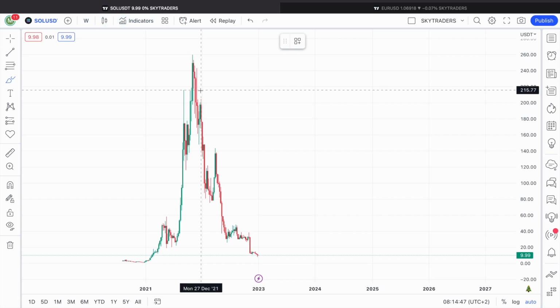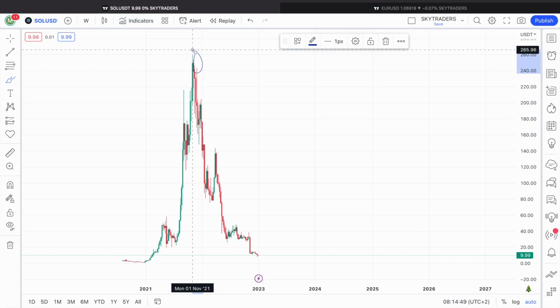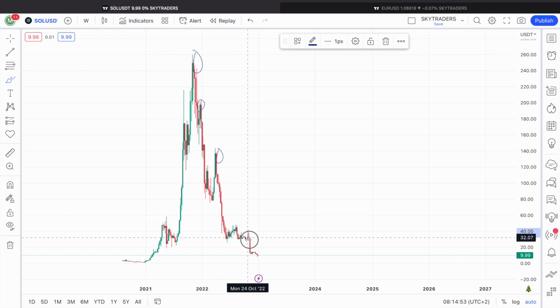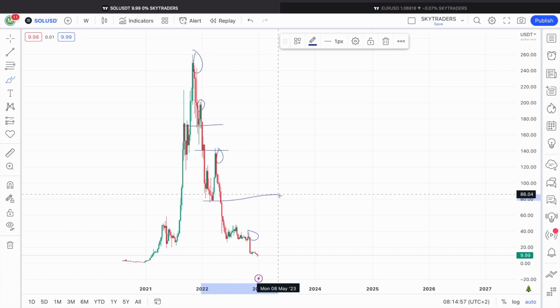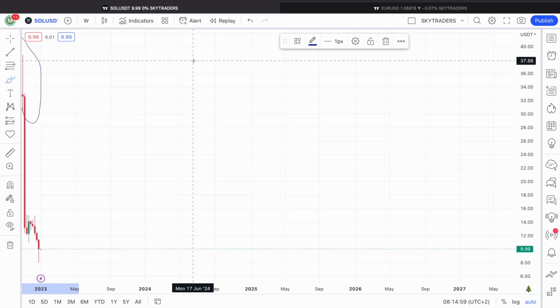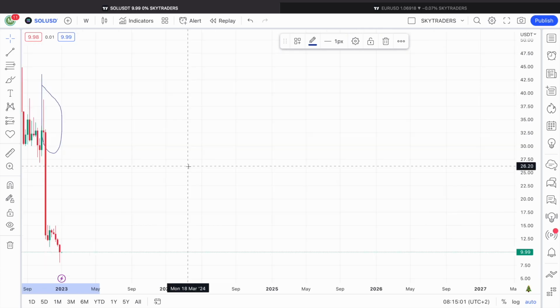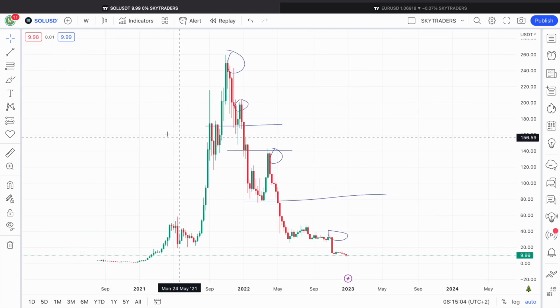On the weekly time frame, we see lower highs being created, breaking the market structure and trading back. If you want to consider it from wave theory, this is a corrective wave.